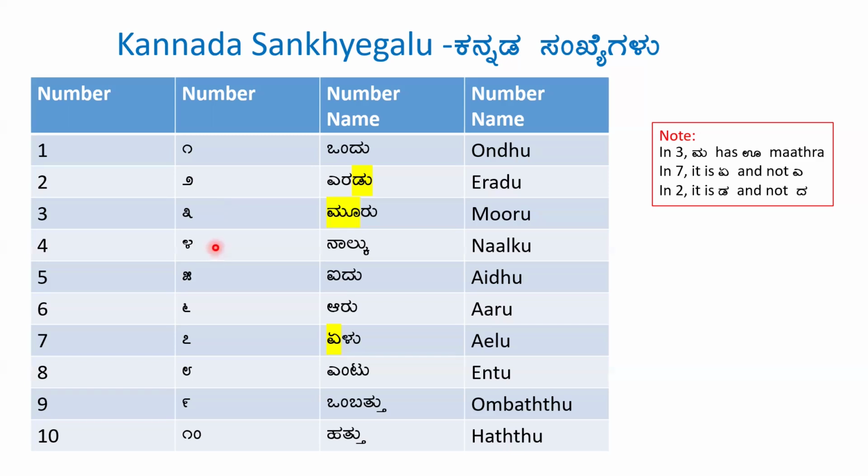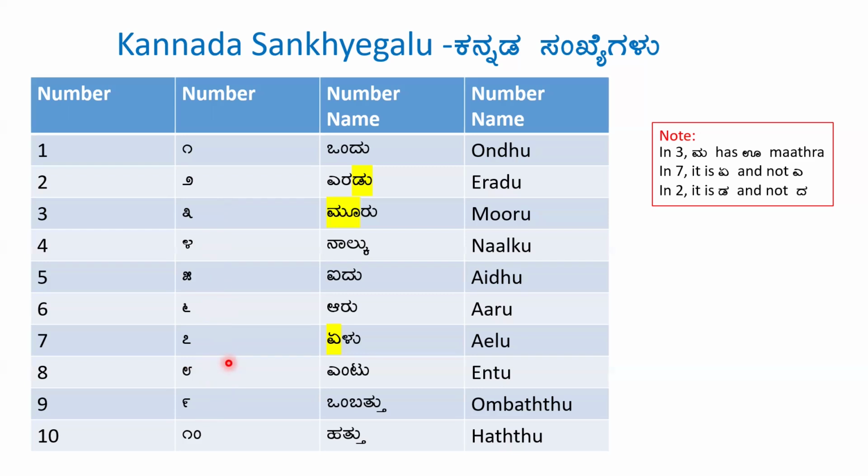And if you see number 4, it is like the letter L without the talekattu or without the head part. If you see 6 and 9, they are upside down. If you see the letter 8, it is L with a small extension at the right top corner. So, these are some of the tips in learning numbers 1 to 10.